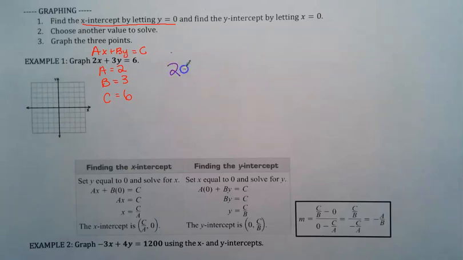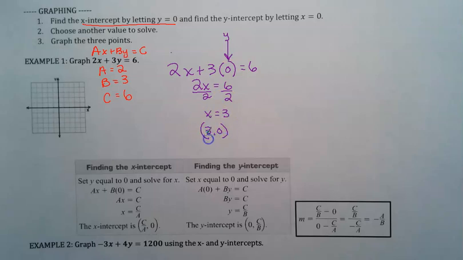So 2x plus 3y, so that's where we're going to put our 0, equals 6. So that's where our y equals 0. If I could talk and not get tongue-tied. So then that leaves us with 2x equals 6, divided by 2, x equals 3. But our y is 0, so we have an ordered pair here. It's 3, 0 that we can graph.